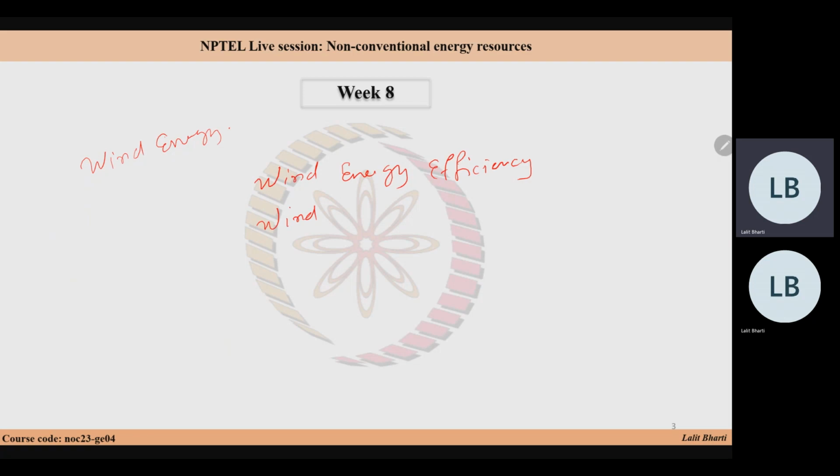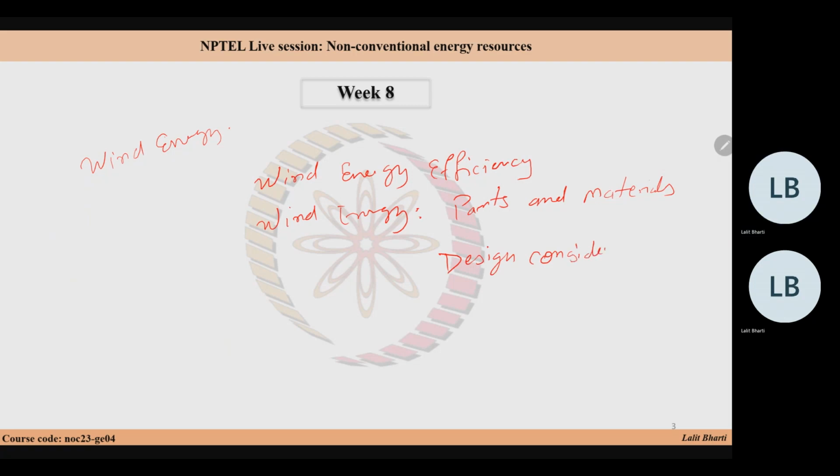Then we will cover wind energy parts and materials, and lastly the design considerations.